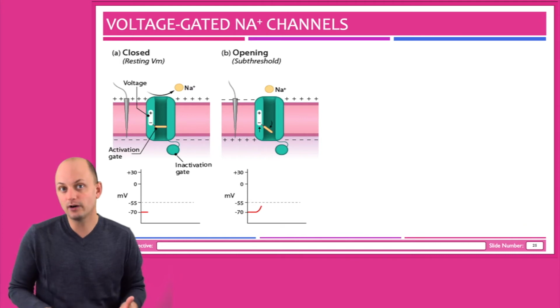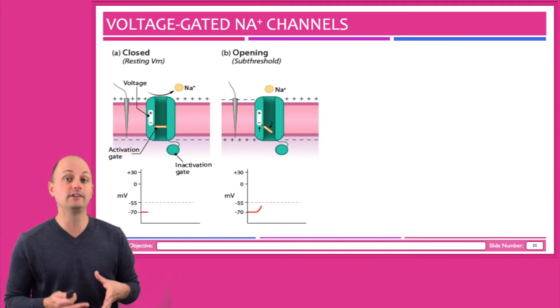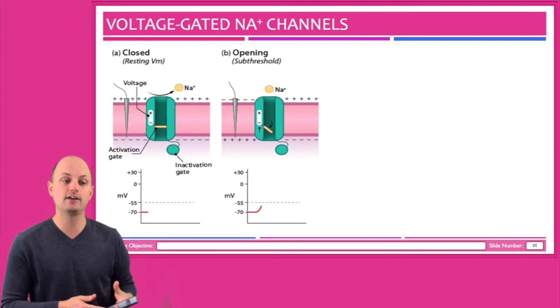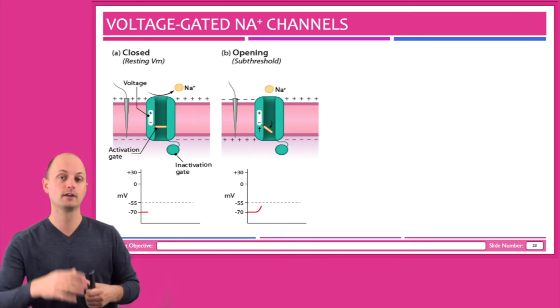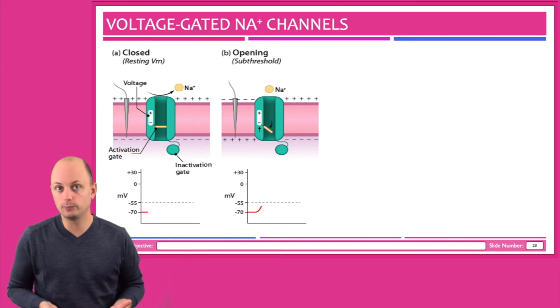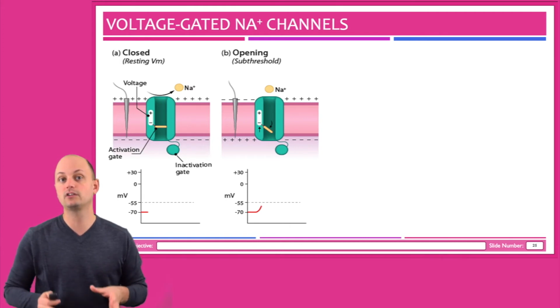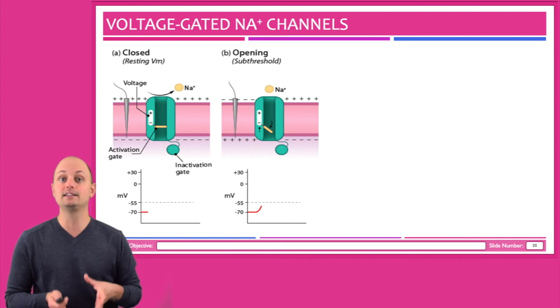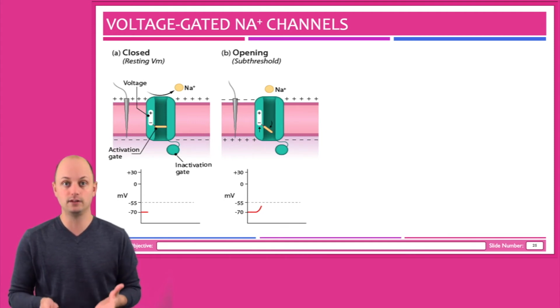So this second part of the figure is really a snapshot of an in-progress view trying to show us that happening. You can see the activation gate is partially open. And it doesn't become fully open until membrane potential reaches what's known as threshold, which is represented in this diagram as the dotted line at minus 55 millivolts.